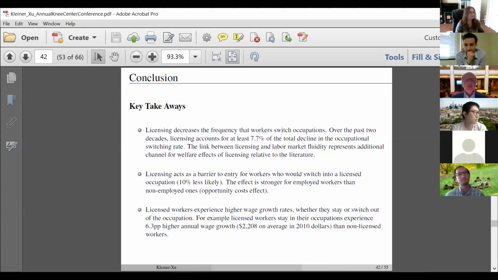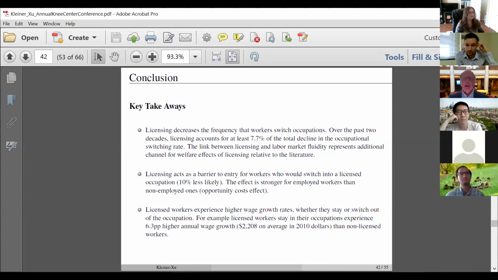Over the past 2 decades, licensing accounts for almost 8% of the total decline in the occupational switching rate. Given that it's declined overall, part of it can be attributed to occupational licensing.